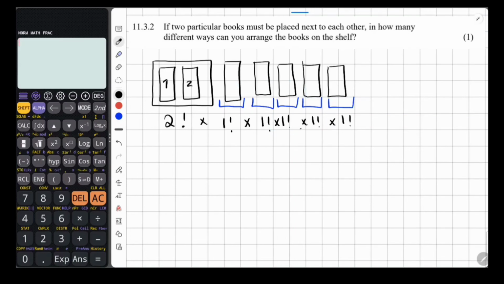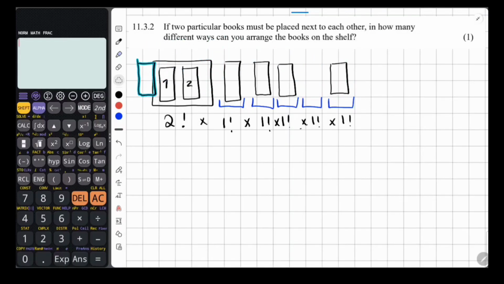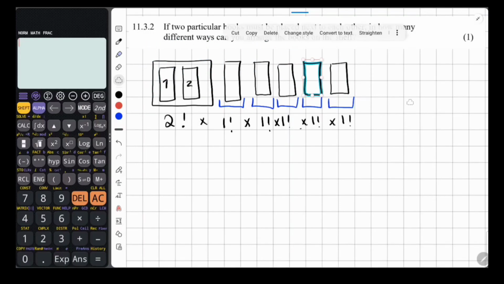And then, because all the books need to be allowed to move around everywhere, they cannot just sit like this. For example, this book can be sitting here instead. And this book can be sitting here instead, or even here. They should still be able to move around. This is what we can do. We're looking at it as if they were groups.